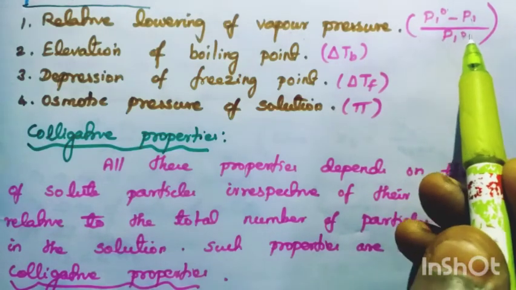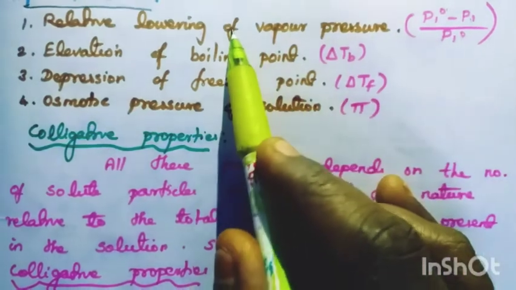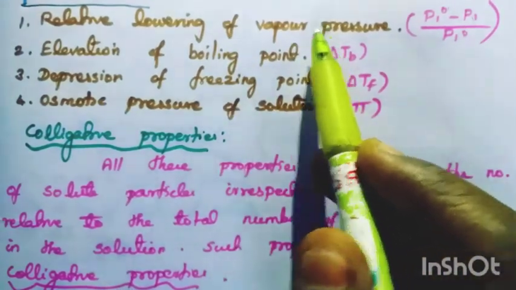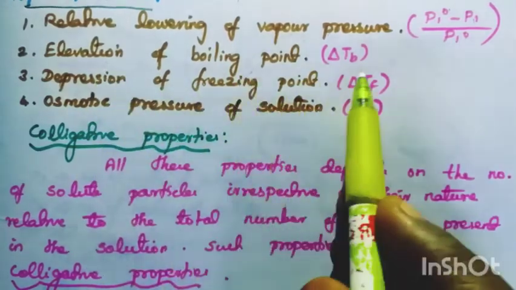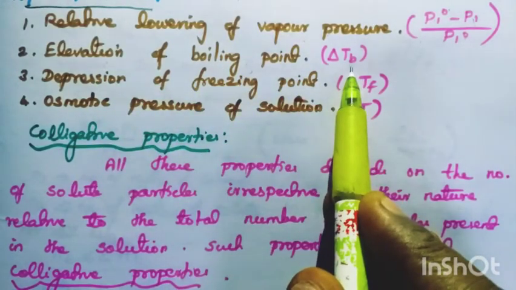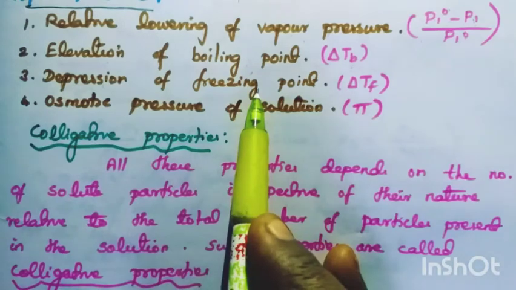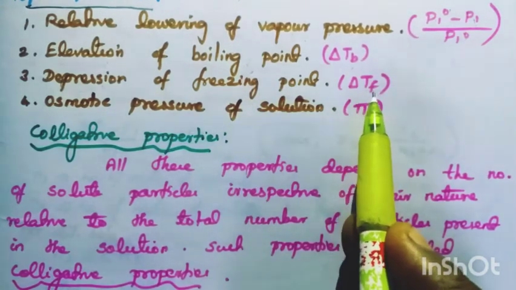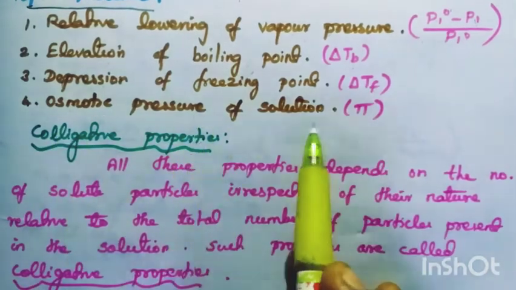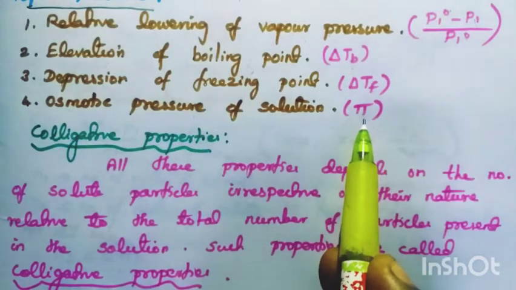P1 naught is the vapor pressure of the pure solvent, naught meaning pure solvent, and P1 is the vapor pressure of the solution. Next is elevation of boiling point, the increase in boiling point, delta TB. Then depression of freezing point, the decrease in freezing point, delta TF, that is the change in temperature. Then osmotic pressure of the solution, represented by the symbol pi.